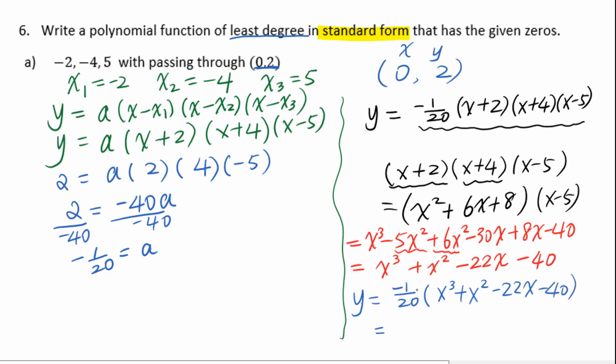And we do the distributive property again: -1/20 x to the third power minus 1/20 x squared plus 11/10 x plus 2. This will be the polynomial function we are looking for.